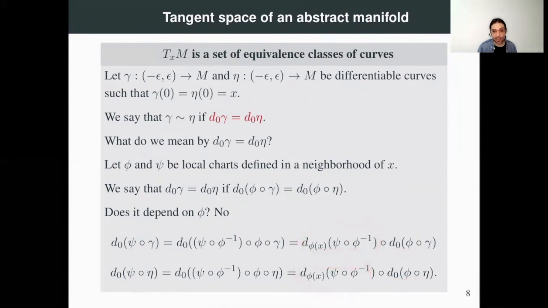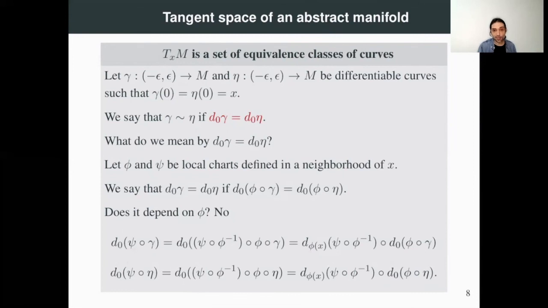And it's just the differential of the coordinate change, which is a linear isomorphism. And that actually implies that the definition does not depend at all on the choice of local charts. If we have that these differentials to the right are the same, then it's obvious that the differentials on the left-hand side are also the same.